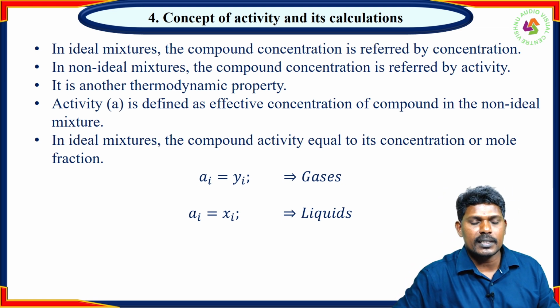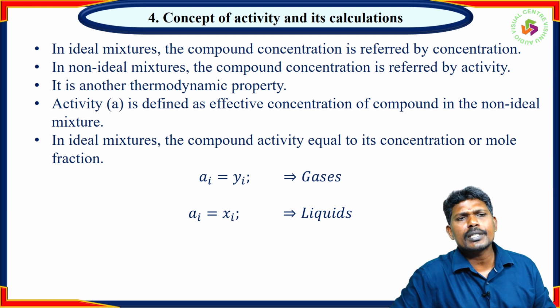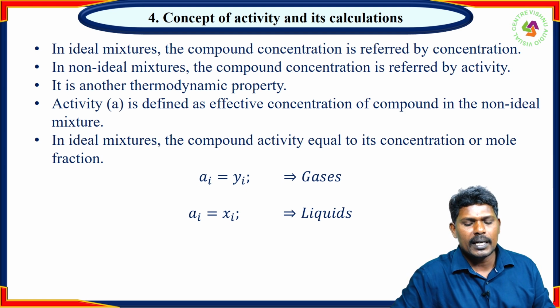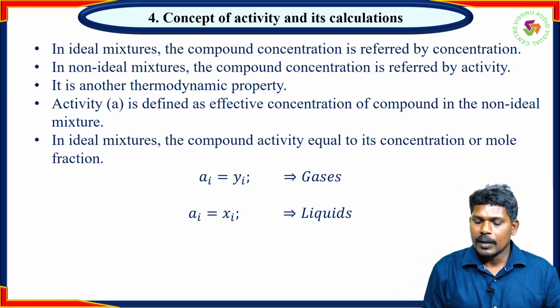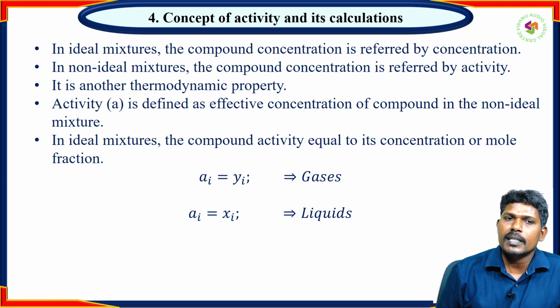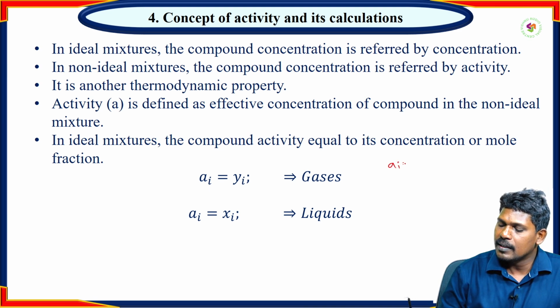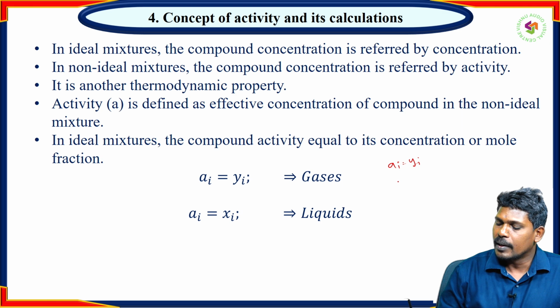The definition of activity is the effective concentration of a compound in a non-ideal mixture. In ideal mixtures, the activity is equal to the mole fraction: for gases, ai is equal to yi, and for ideal liquids, ai is equal to xi.